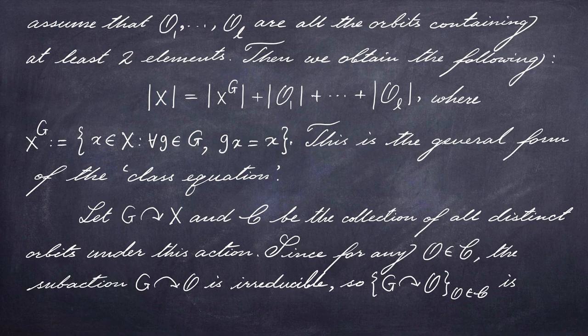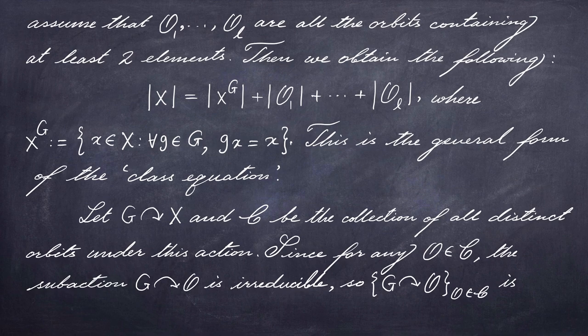Now let's get back to the main question which we are dealing with, the decomposition of an action. So let G act on X, and let C be the collection of all the distinct orbits under this action.